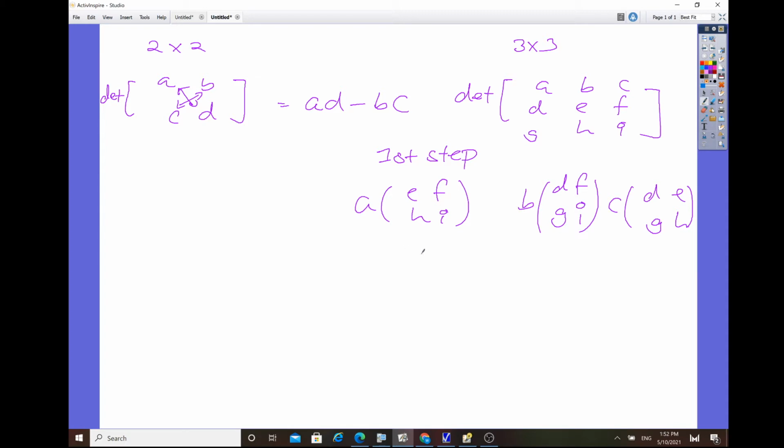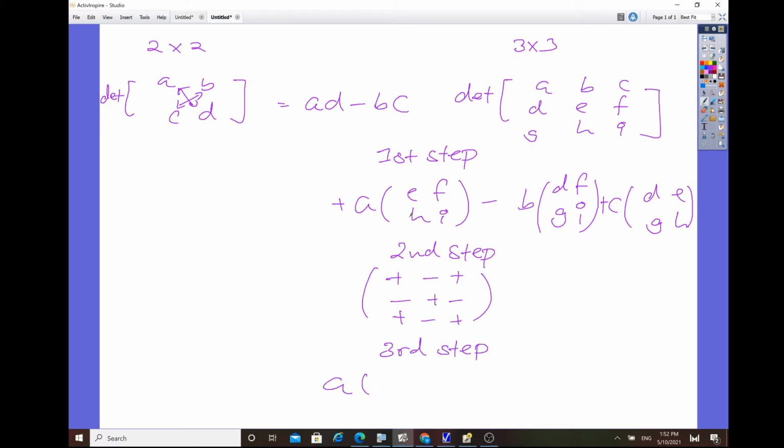Once we set things up like this, the next step is to put in the cofactor signs. The cofactor pattern for the standard matrix is always positive, negative, positive, so check that: positive, negative, and then positive. Step 3 is to evaluate.